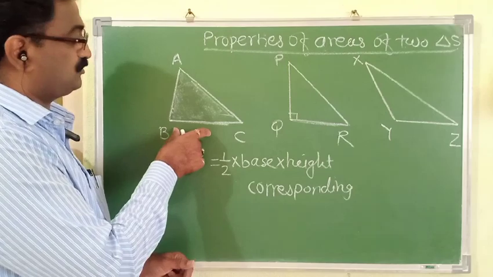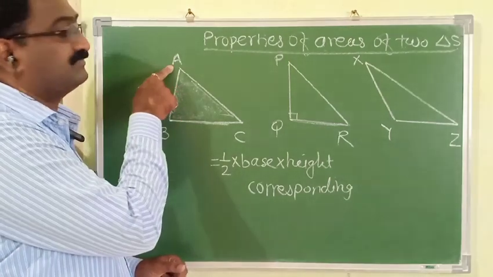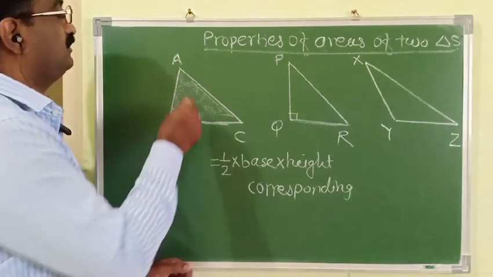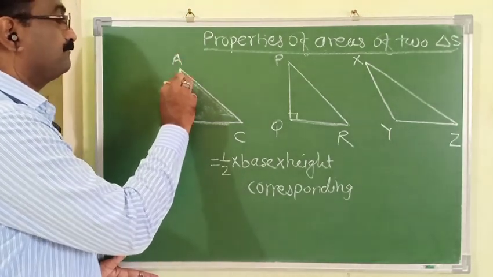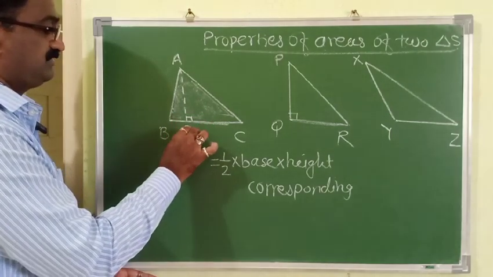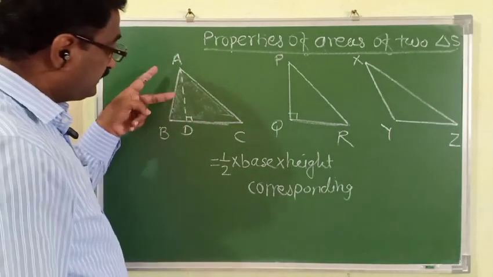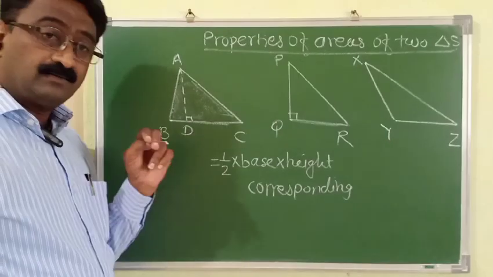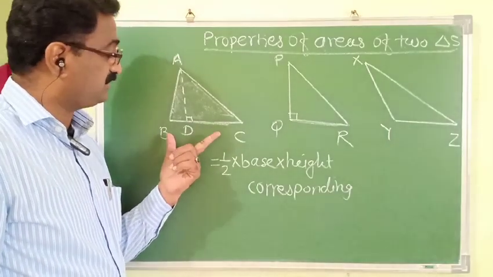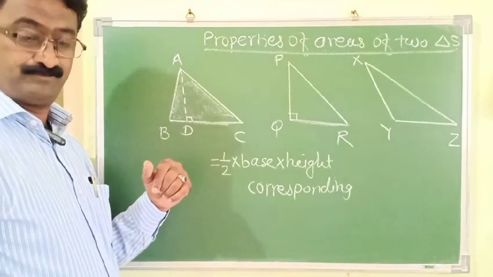Which is the vertex opposite to side BC? A is the vertex opposite to the side BC. If we draw the perpendicular from the point A to the side BC, suppose this is AD, then AD is the corresponding height of the triangle ABC with respect to the base BC.